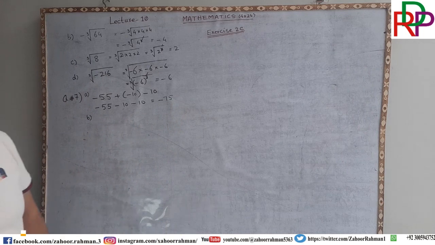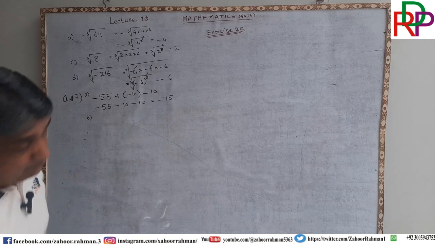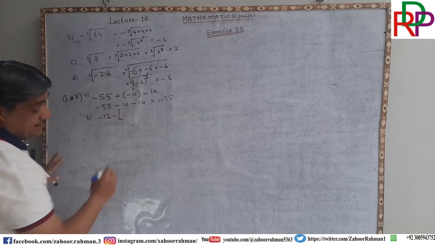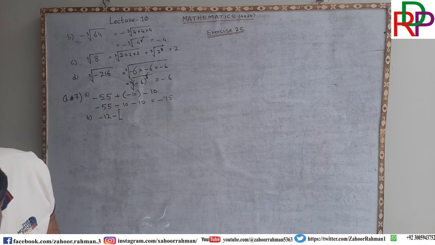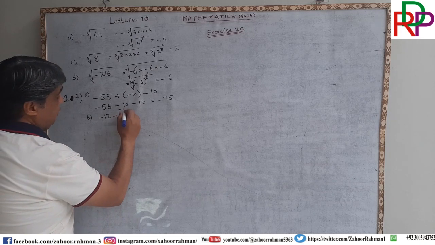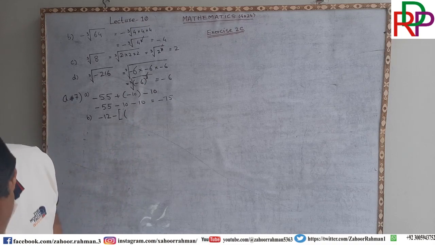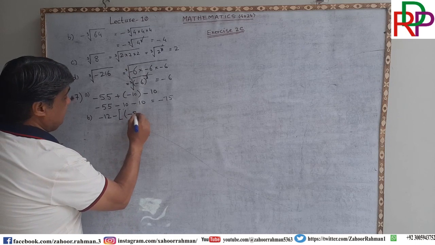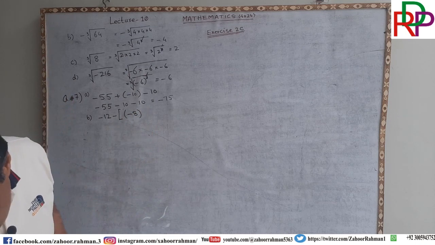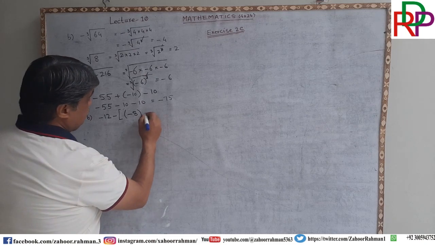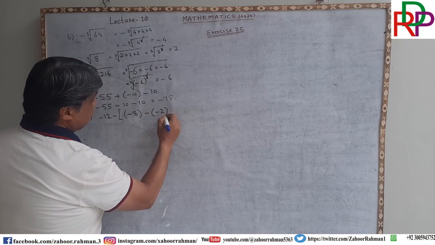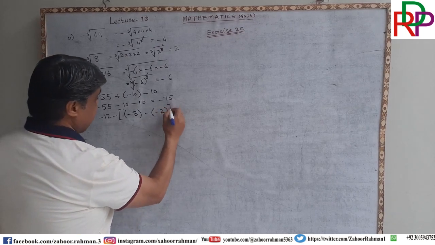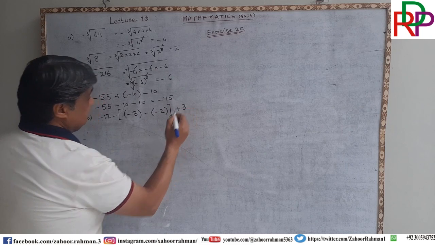Part B is saying minus 12 minus, and then there is a square bracket, minus 8 minus 8, and then minus 2 minus 2, and then the square bracket closes, plus 3.